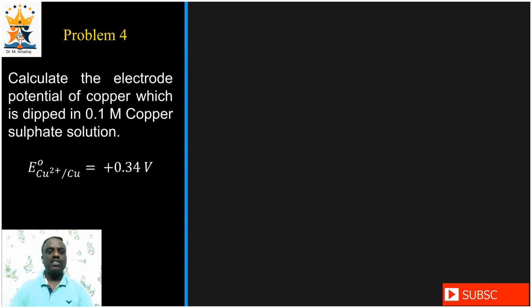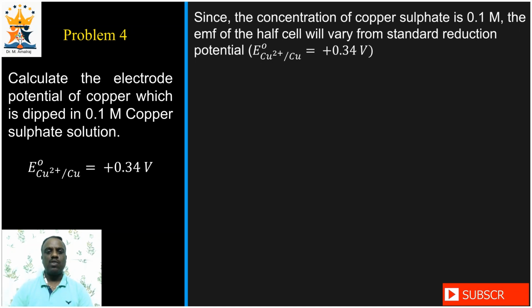Now let us practice a few problems using the Nernst equation. Calculate the electrode potential of copper which is dipped in 0.1 molar copper sulfate solution. The standard reduction potential of Cu2+/Cu is equal to 0.34 V, that is given in the problem. Since the concentration of the electrolyte is not 1 molar, the EMF of the half cell will vary from the standard reduction potential.